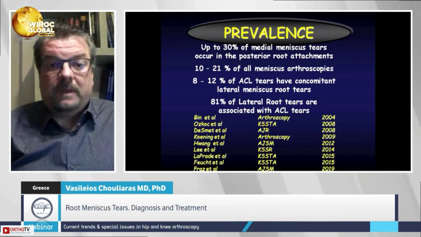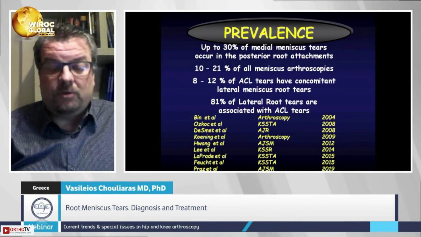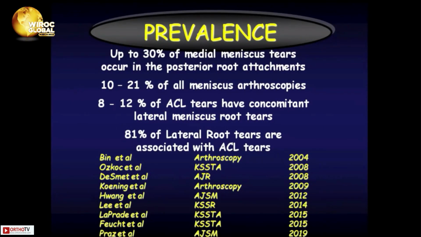We have seen from the literature review that the incidence is not so low. Up to 30% of medial meniscus tears occur in the posterior root attachment, and of all meniscus arthroscopies, it is almost 10 to 20%. And what about lateral meniscus root tears? It's mainly with the ACL tear. 80% of lateral root tears are associated with ACL tears, and 10% of ACL tears have concomitant lateral meniscus root tears.